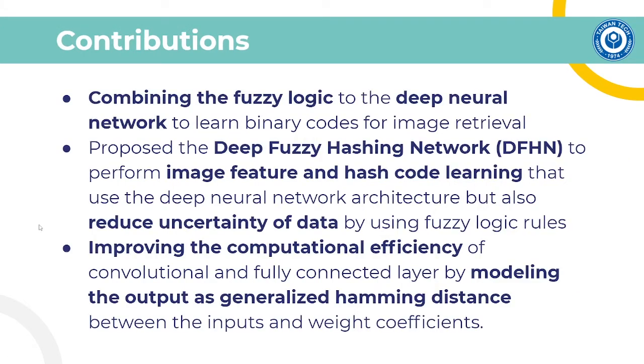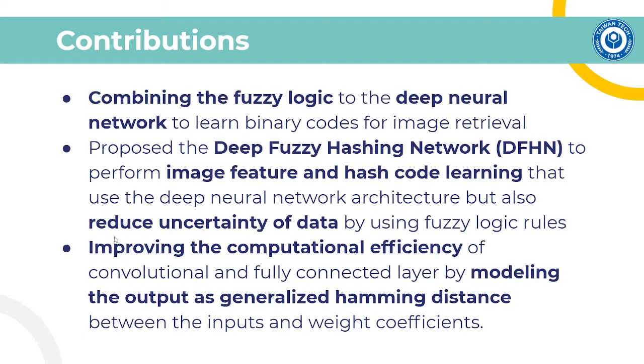The main contribution of this paper is that they try to combine fuzzy logic into the deep neural network to learn the binary hash code for image retrieval tasks. They propose a network called Deep Fuzzy Hashing Network to perform image feature and hash code learning, and that uses the deep neural network architecture.